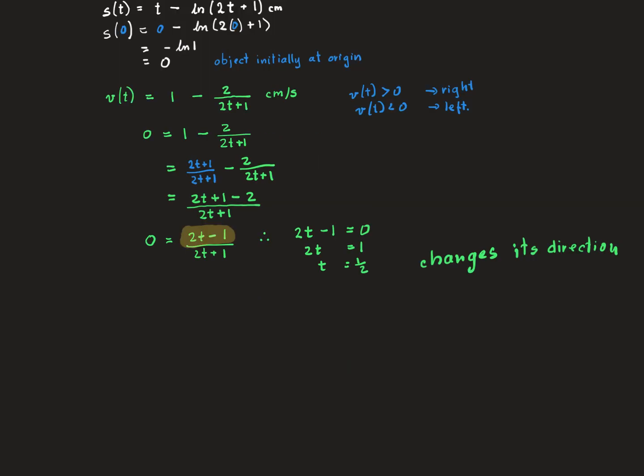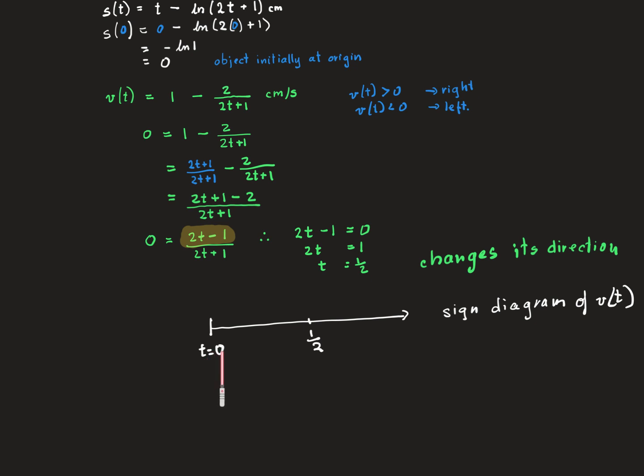To decide at what time interval the object is moving to the right or to the left, we need to do a sign diagram. The sign diagram starts with time equal to 0. And we know that it changes direction at time equal to a half. So now decide which is negative and which is positive.